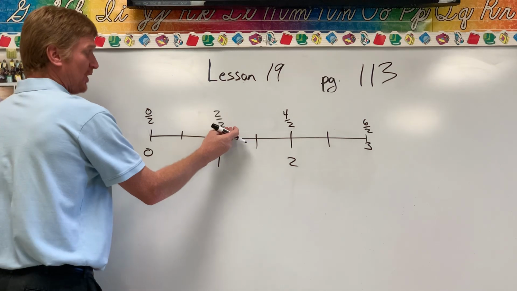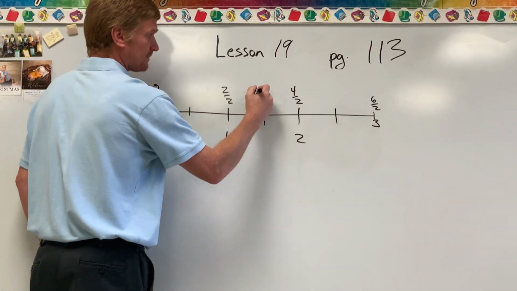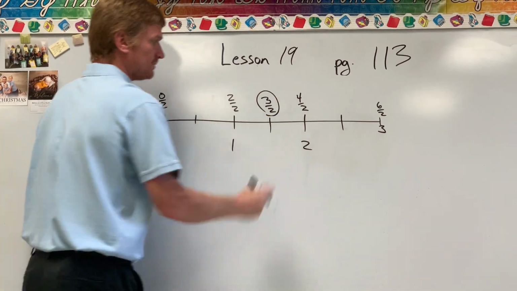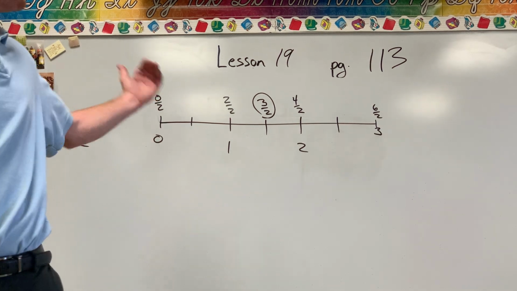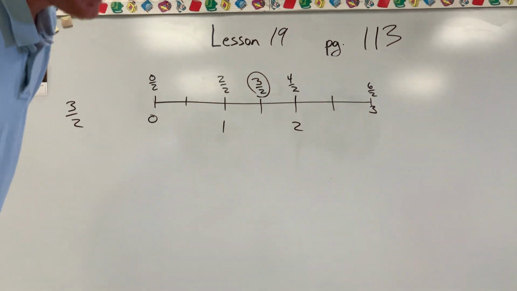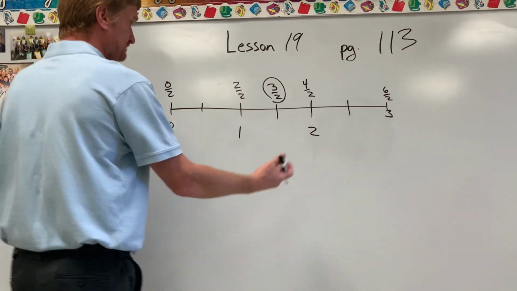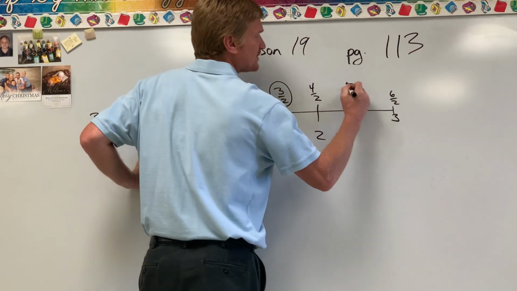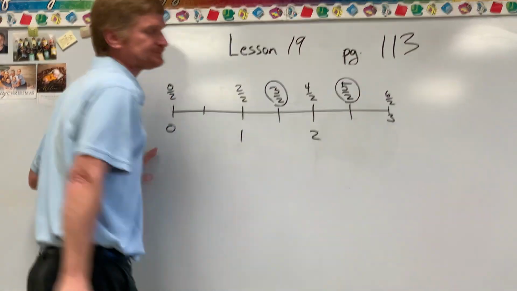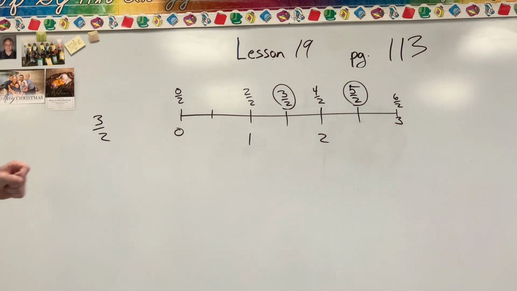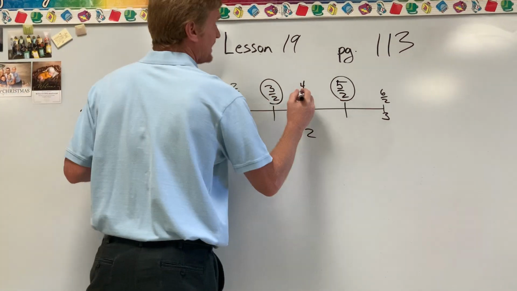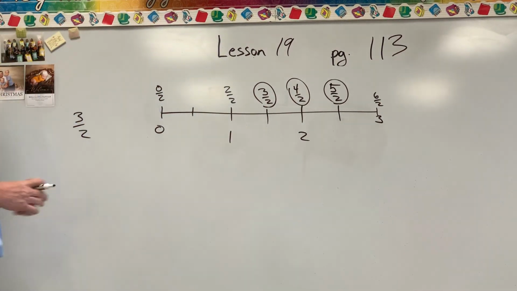Okay, well, two halves are right there. 3 halves would be right there between 2 and 4 halves. And then 5 halves is our next one. Same concept. We got 4, so this one would be 5 halves. And 4 halves, which you already have. So right there.